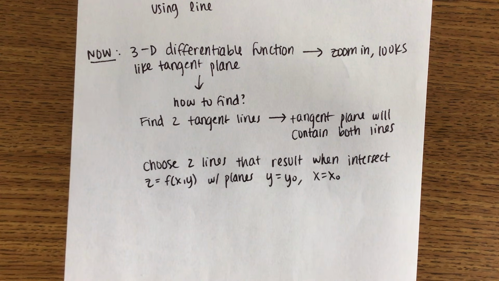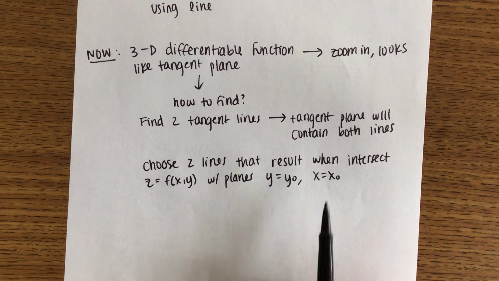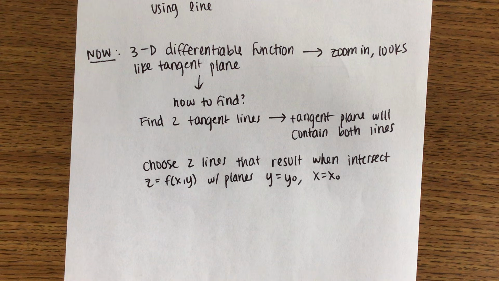So x naught, y naught, z naught is going to be the point that we are interested in. So we are going to take the planes x equals x naught, y equals y naught, intersect those with our surface. We're going to have two tangent lines, which we are then going to use to find the equation of the plane.